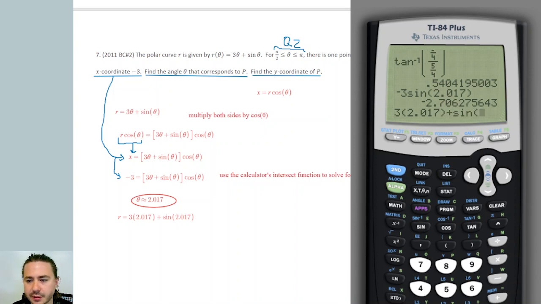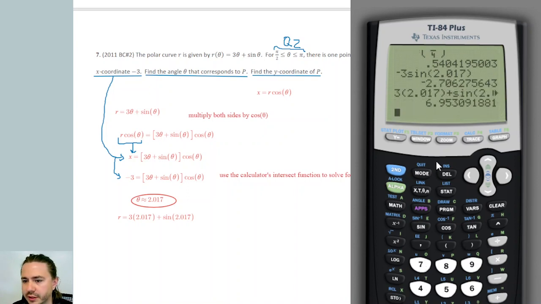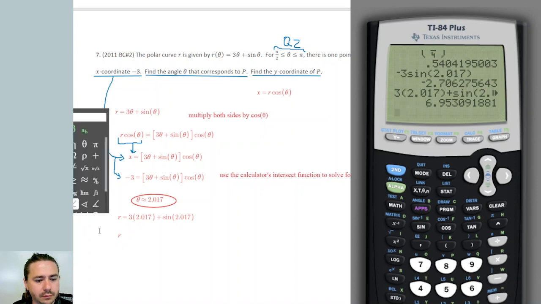So r is going to be 3 times 2.017 plus sine of 2.017. We get 6.953, so that's r. We also know that y is r sine theta, and now we have both r and theta.